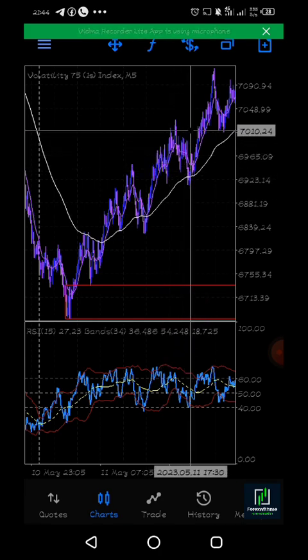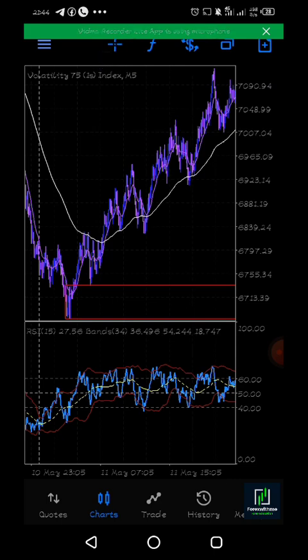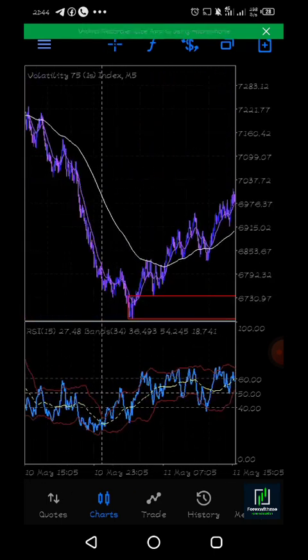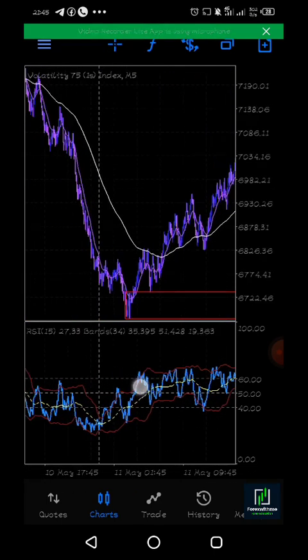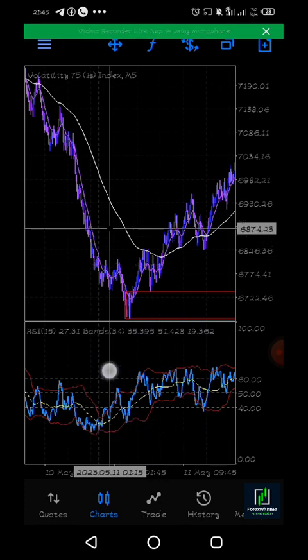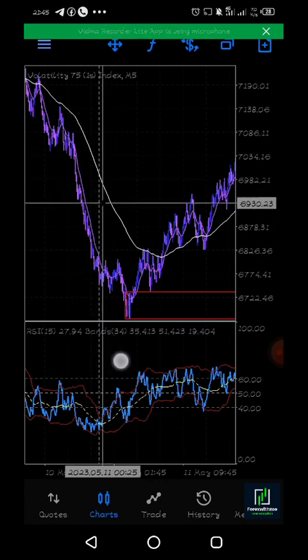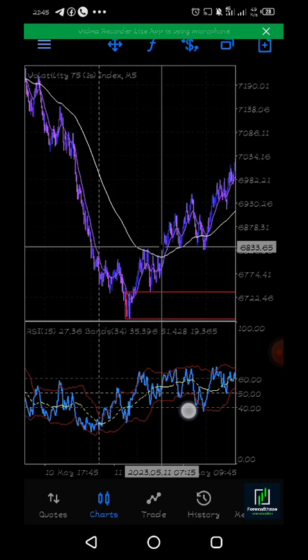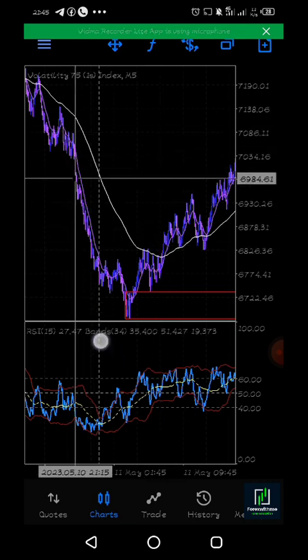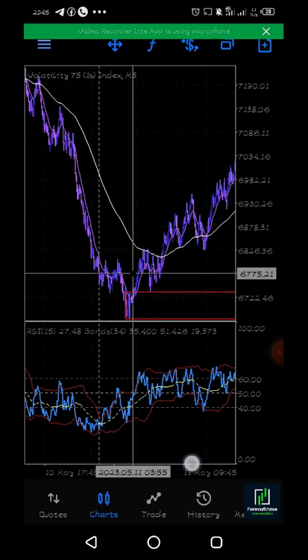But that is not where I'm going actually. How do we trade a trendy market? When the market fails to break this moving average, this is my higher moving average. This small one is my slower moving average.